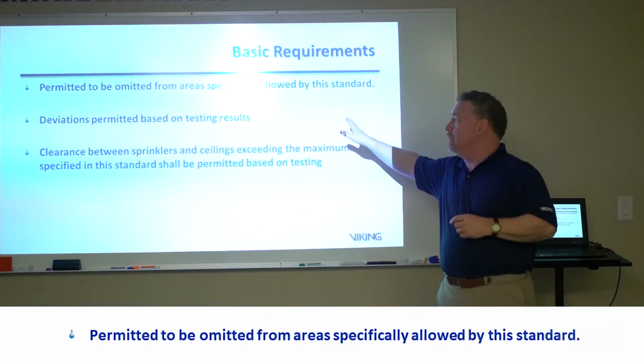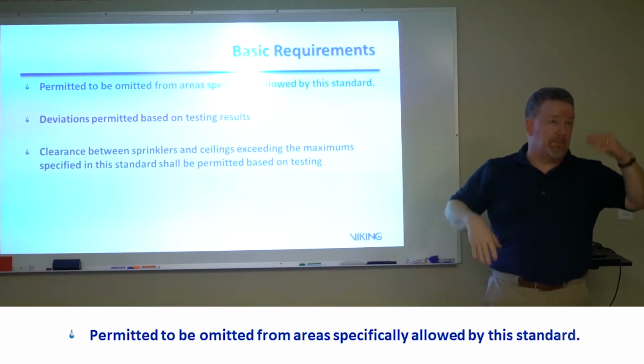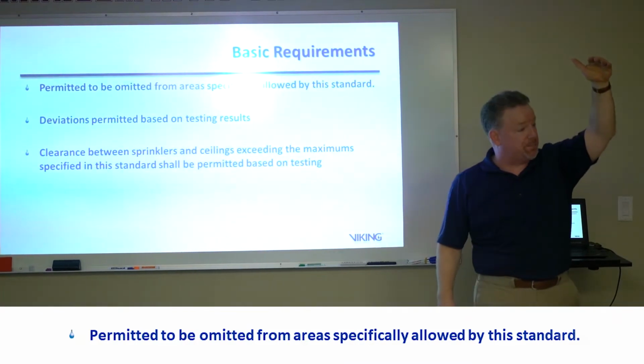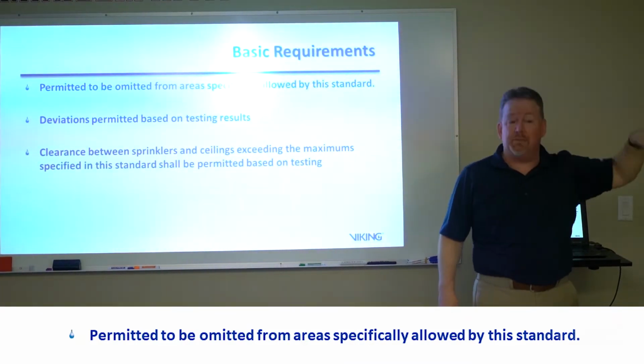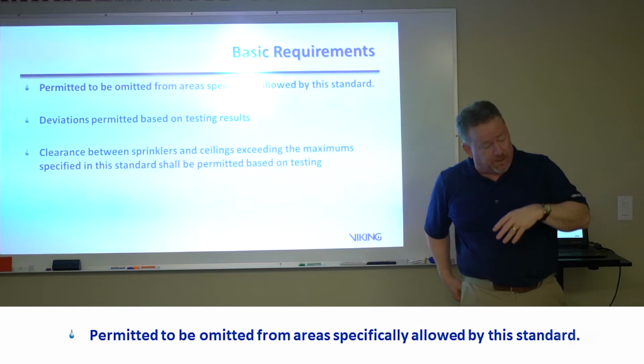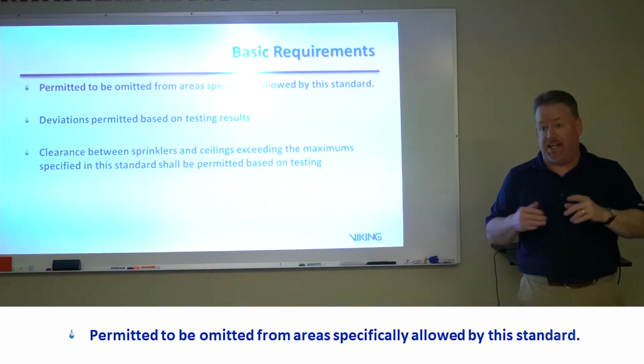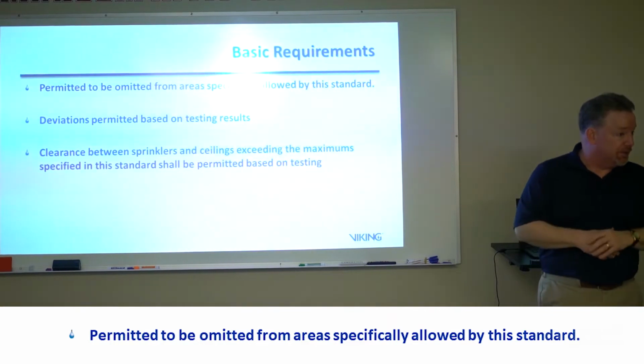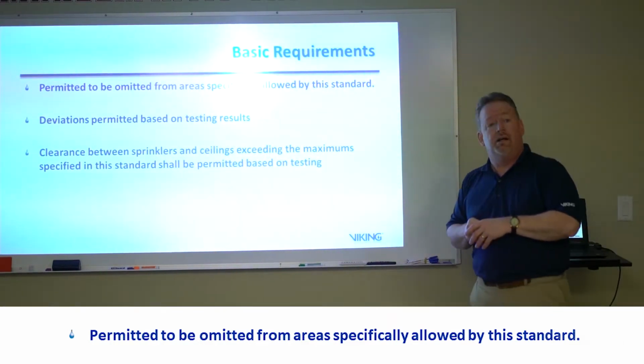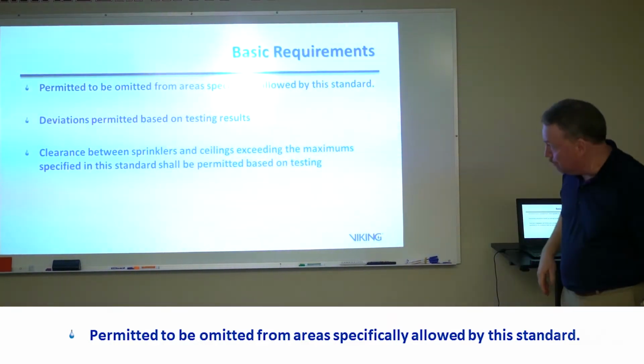So there are spaces up above ceilings, non-combustible concealed spaces up above ceilings. We can eliminate sprinklers there. Some small rooms, small areas, closets, things like that. Depending on the occupancy, the standard may allow us to eliminate sprinklers there as well.